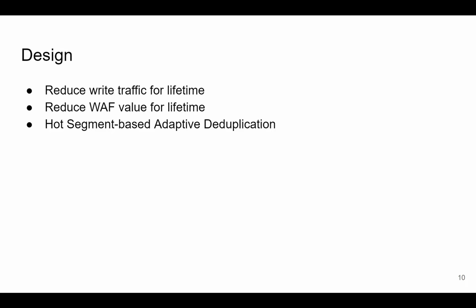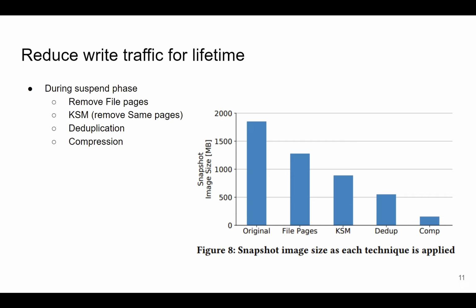These are our 3 key design considerations. We designed ECS based on these considerations along with the snapshot analysis results. To reduce write traffic, we have applied these 4 techniques. This chart shows the process of reducing a snapshot image step by step during the suspend. First, file page isolation is performed to isolate file pages from the snapshot image by releasing them.